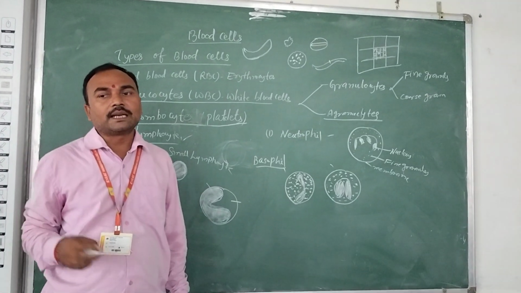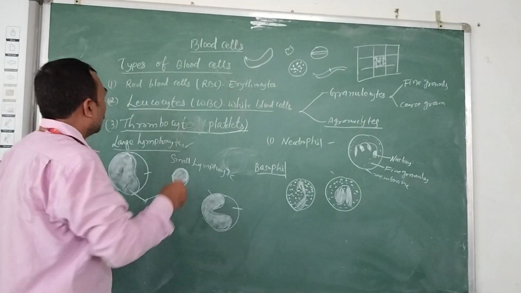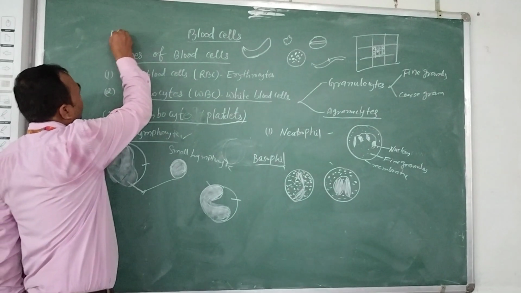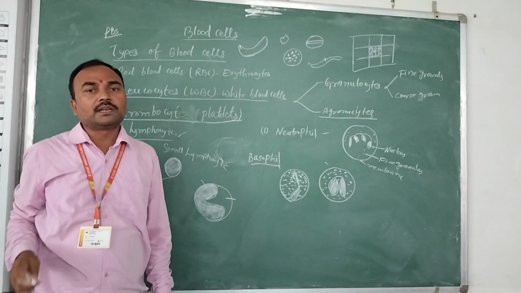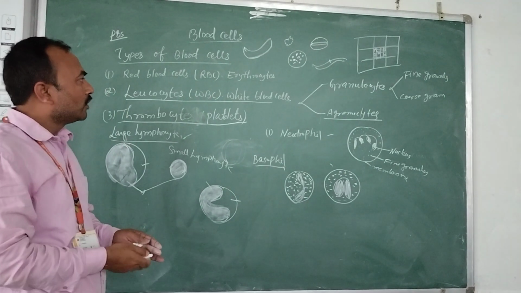Sometimes the doctor asks for a PBS, which is a peripheral blood smear comment. So what do we have to write in the comment?